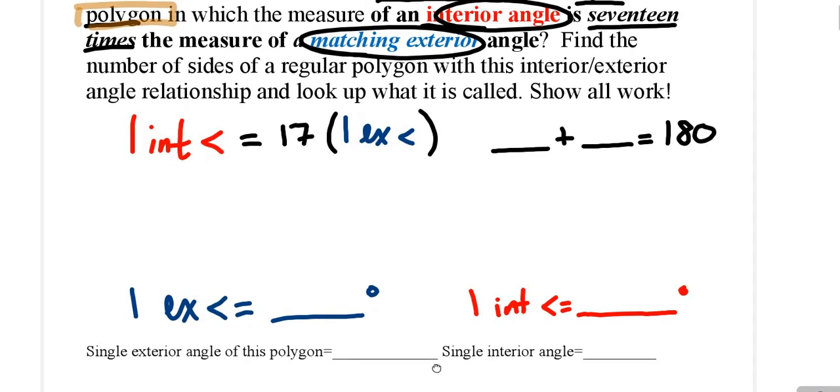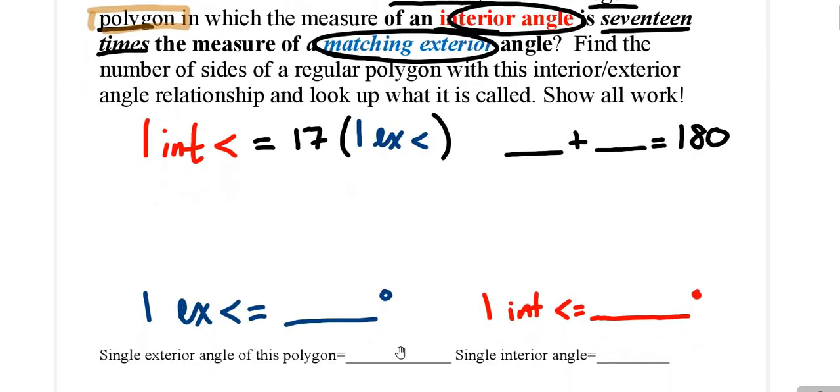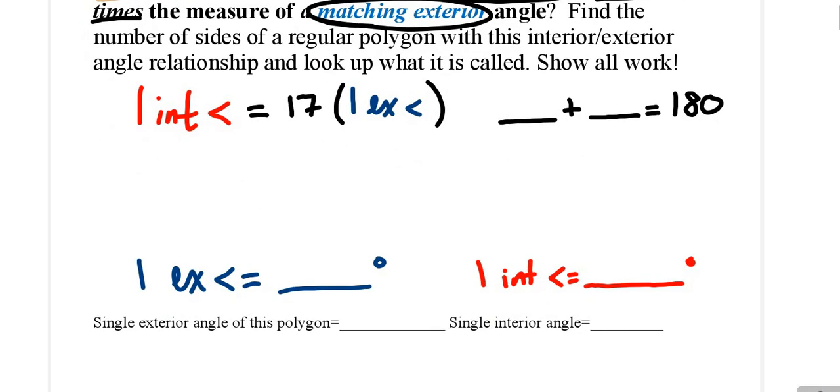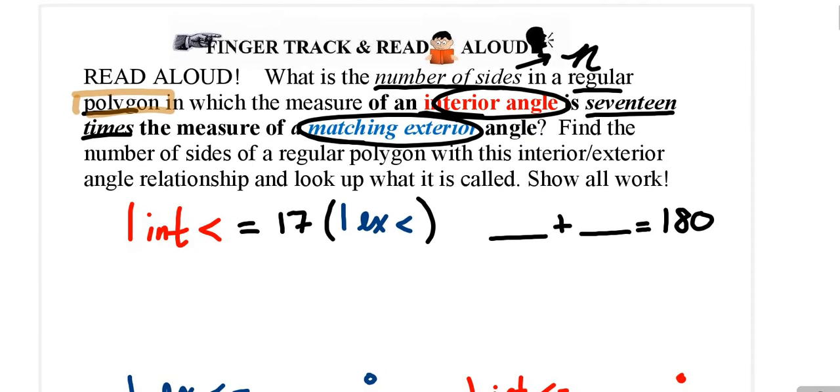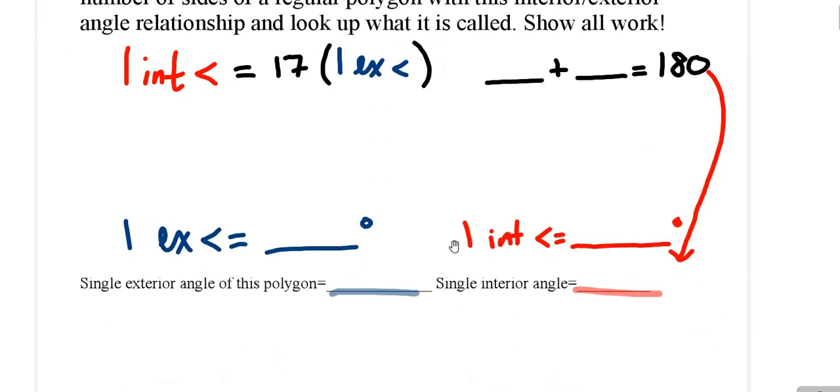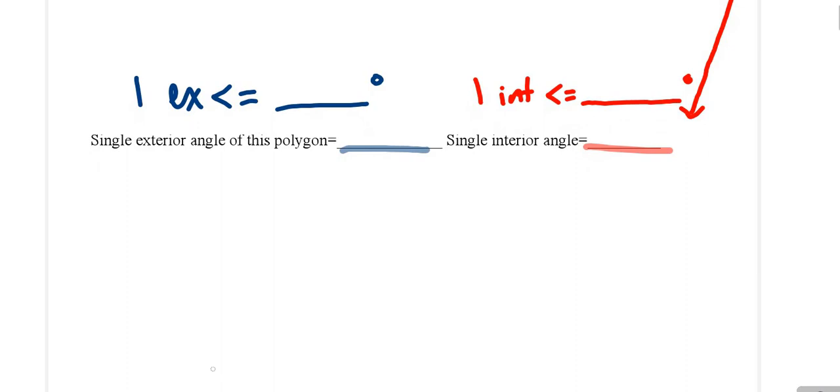Once you find the measures of those angles, you're going to put them right here. Exterior angle, interior angle. Then you're going to use this information about the relationship of the exterior and the interior angle, and you're going to solve ultimately for n, which is the number of sides.